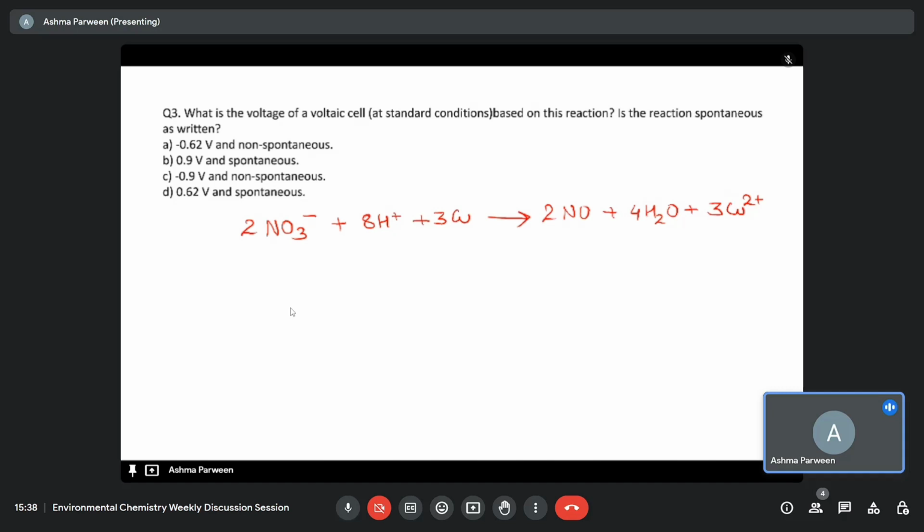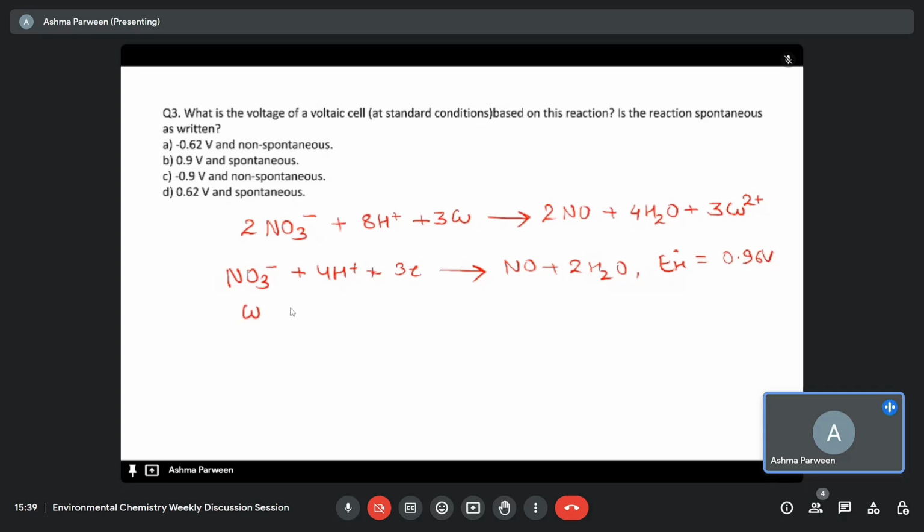Okay, let me provide the E naught values. For reduction of nitrate, NO3 minus plus 4H plus plus 3 electrons, E naught at standard conditions is 0.96 volt.